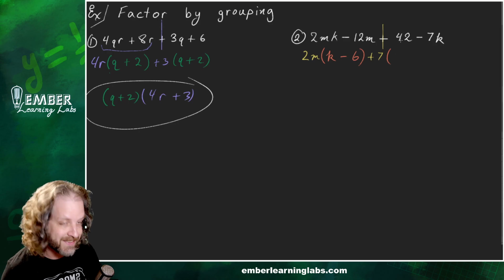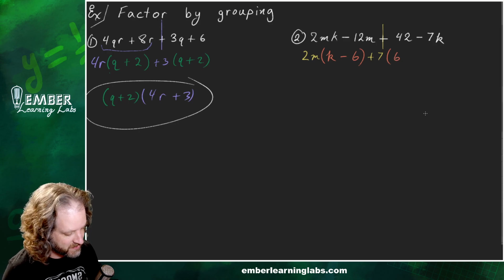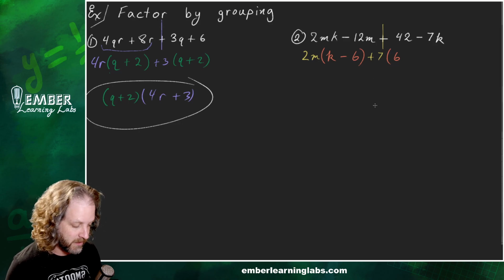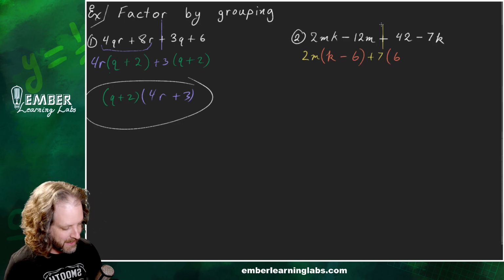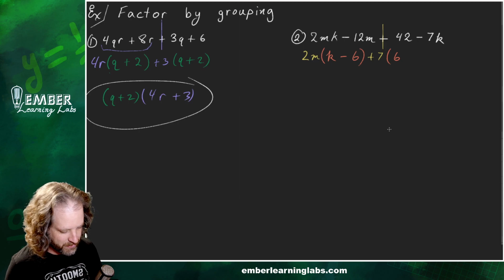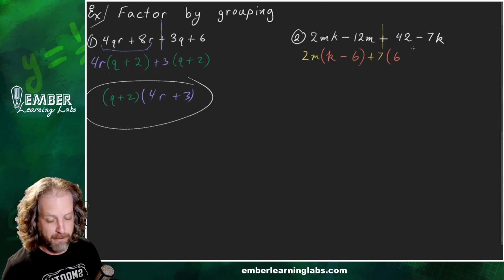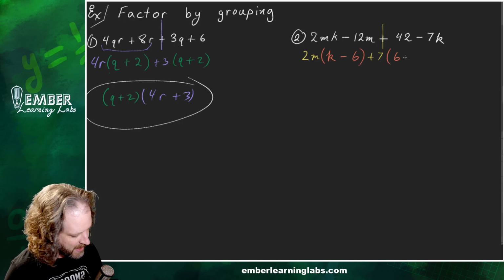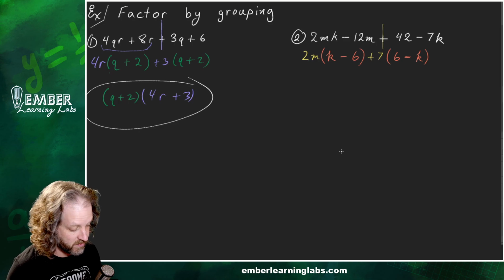That's a positive. +6, right? Because it is plus. Rewind the tape. A 6 is left, and then a -K, because we pulled out that 7, right?